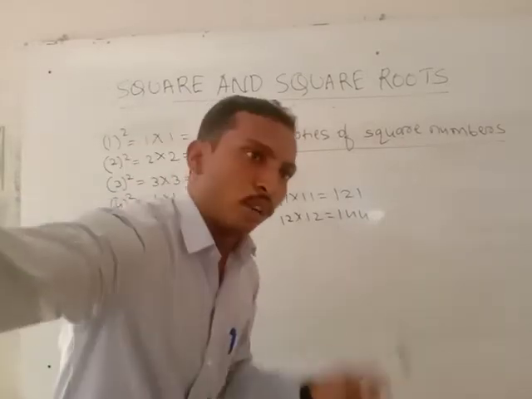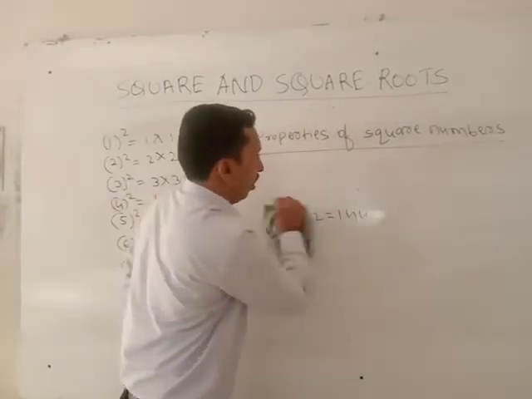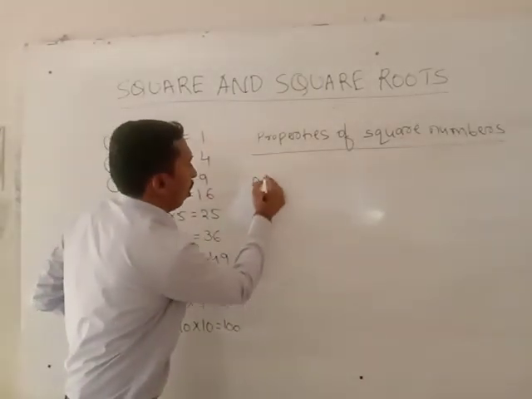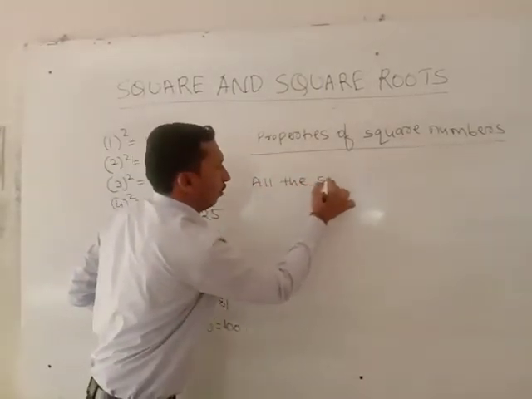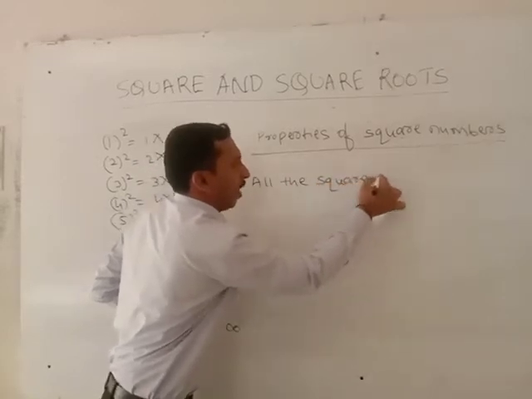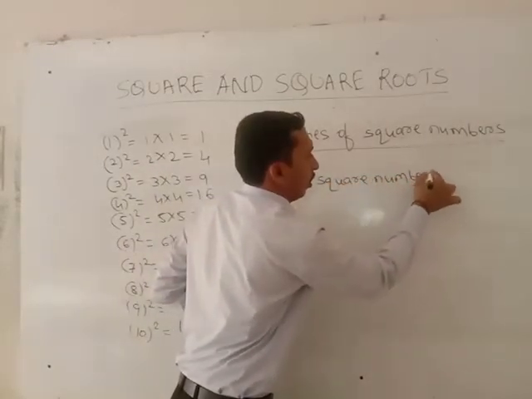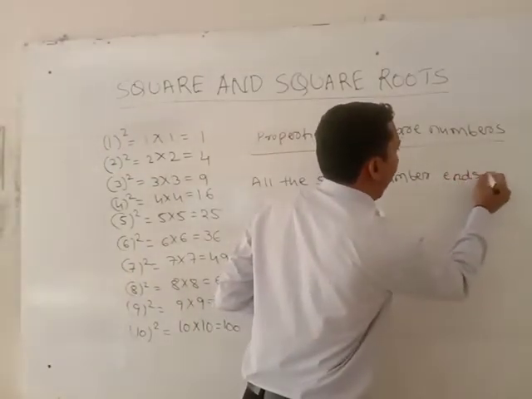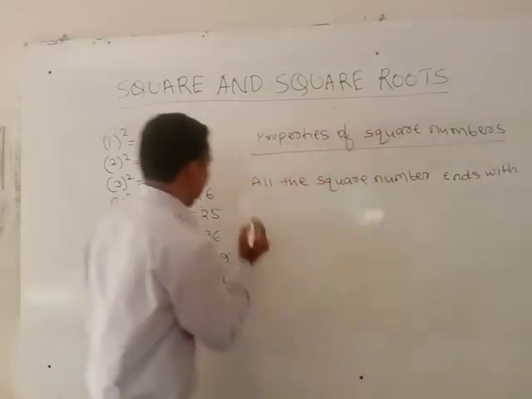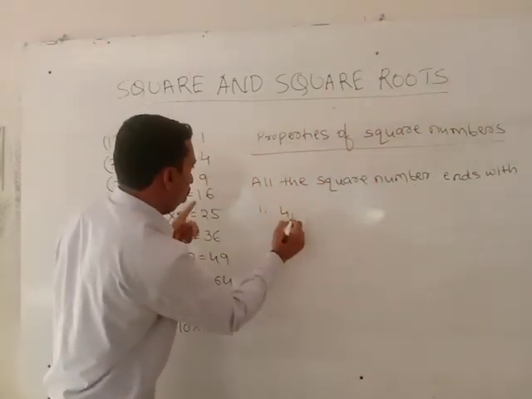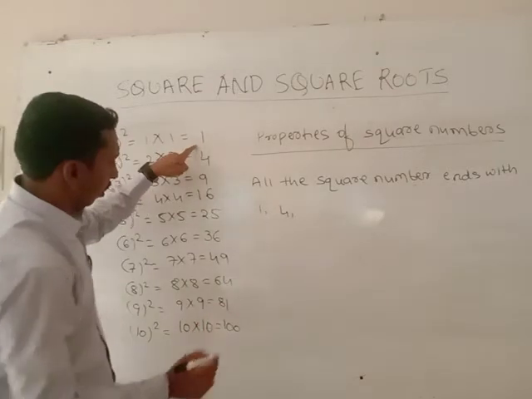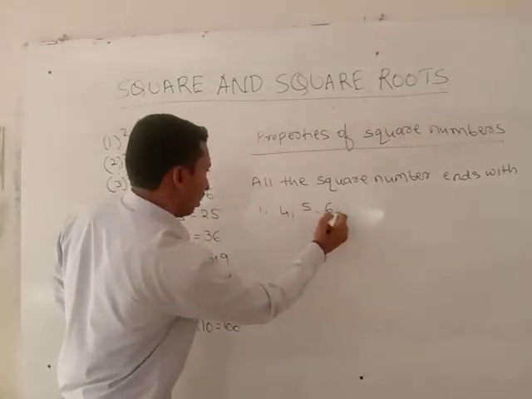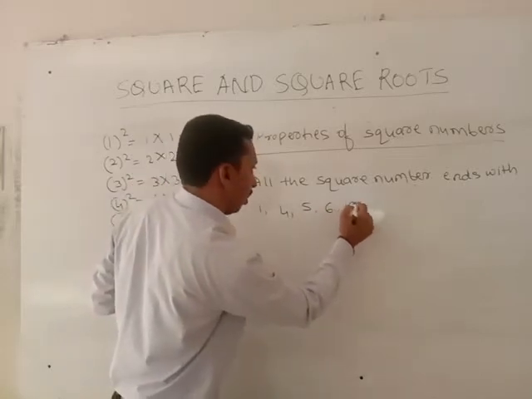So now, by looking at these square numbers, can we say all the square numbers end with 1, 4, 5, 6, 9?